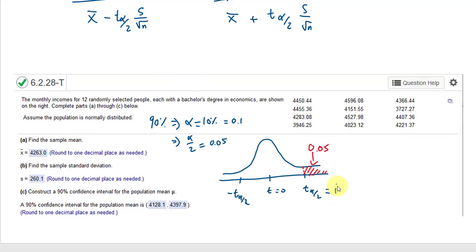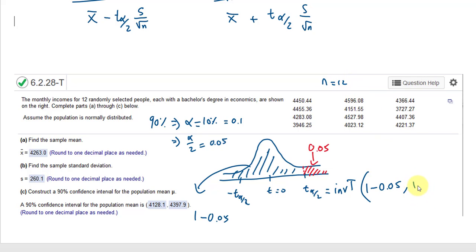We use the function inverse T, and then what about the area to the left of this one, which is this blue area? So that equals 1 minus 0.05, because 1 is everything. So you minus this red portion to get you the blue one. 1 minus 0.05, and then the degree of freedom, in this case we have 12 for the data, so n minus 1 is 11.